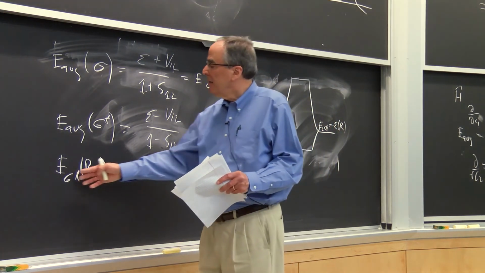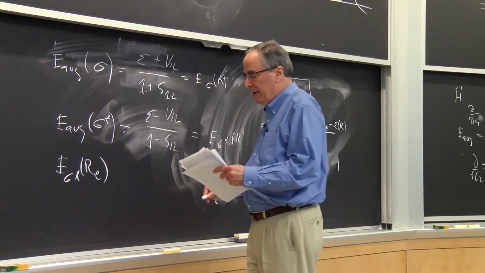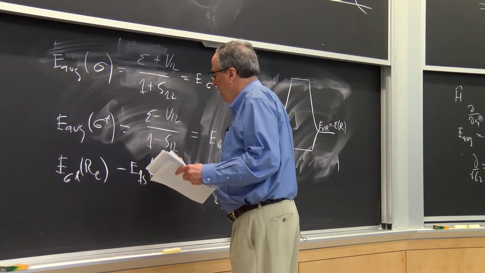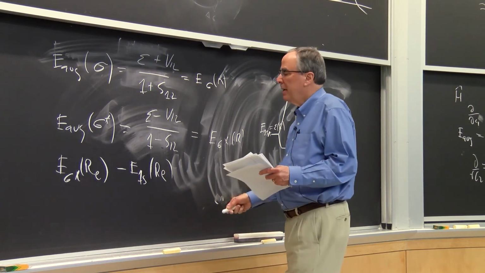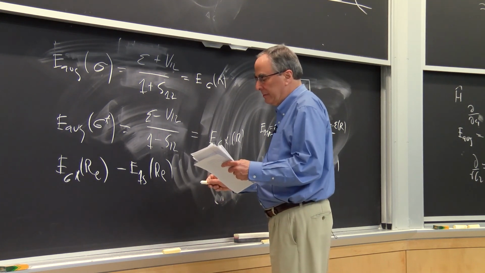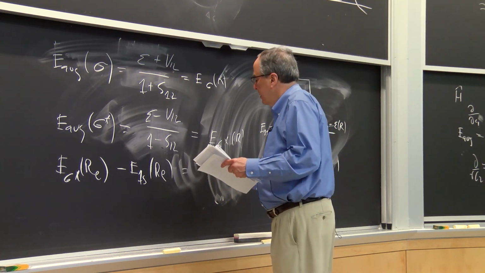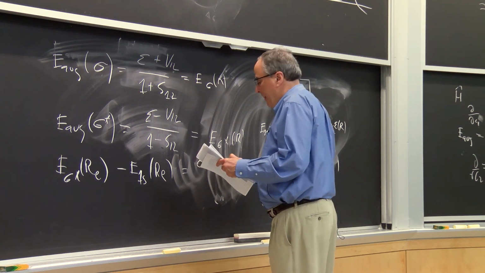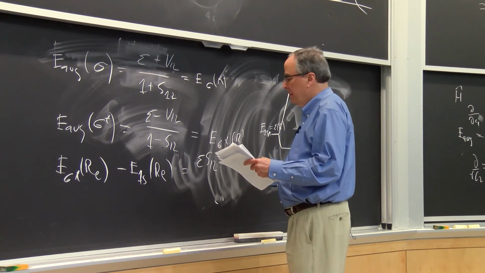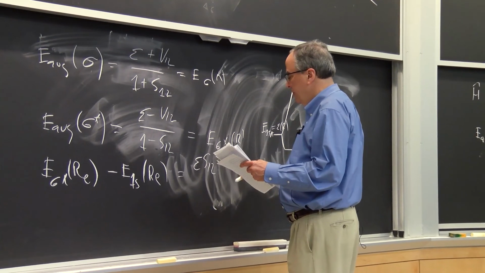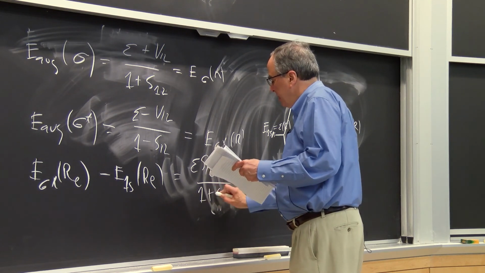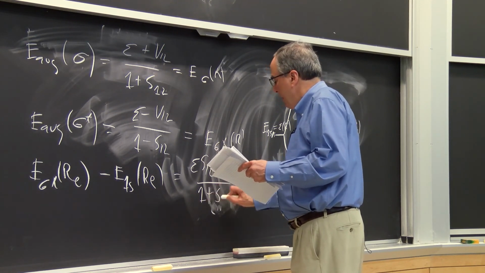Then if you evaluate at that particular value of R, and you make the comparison with E1s evaluated at R sub E, you get epsilon times S12 minus, so I'm doing sigma star, so that's this one, minus V12 over 1 minus S12.